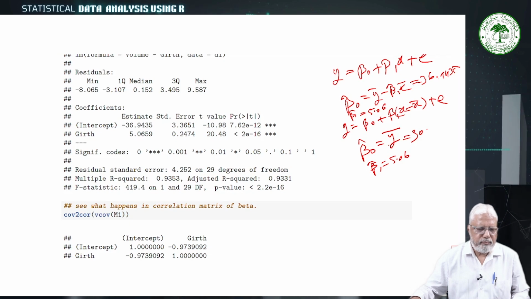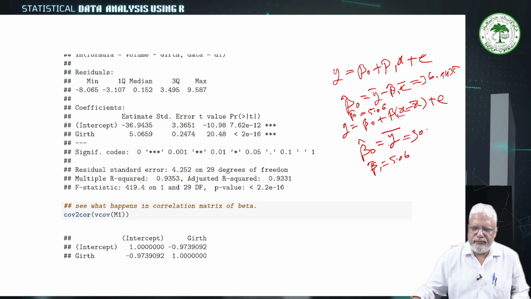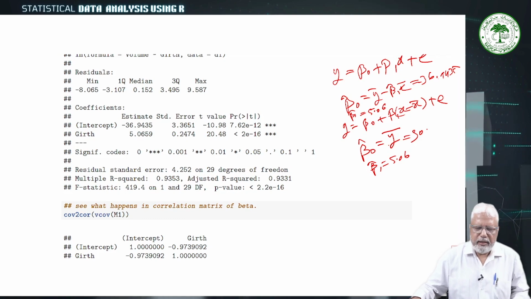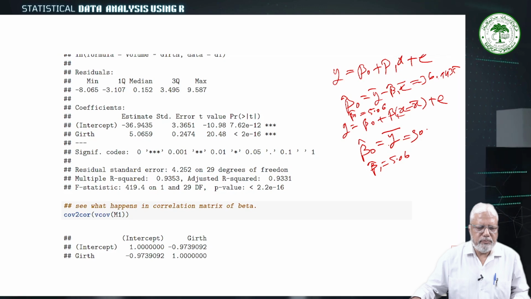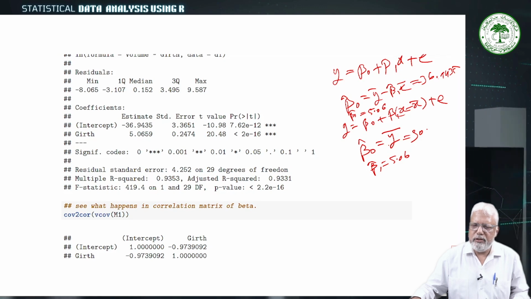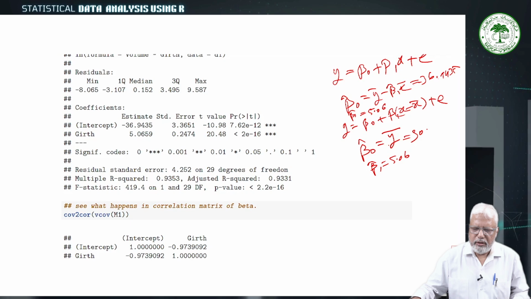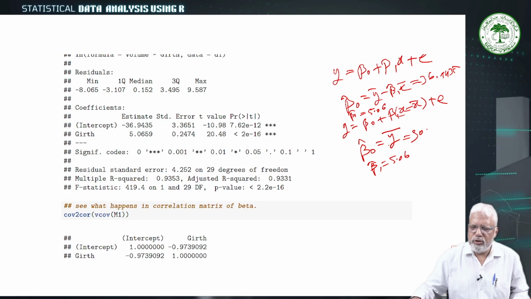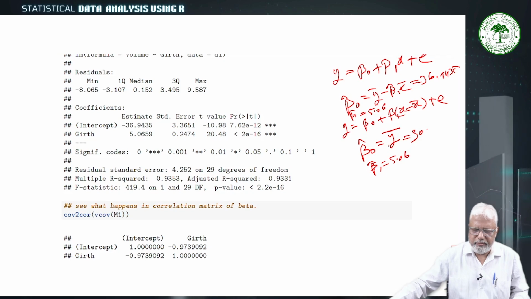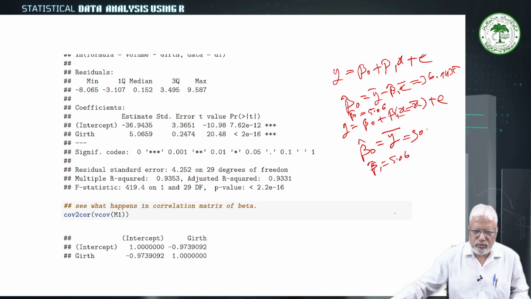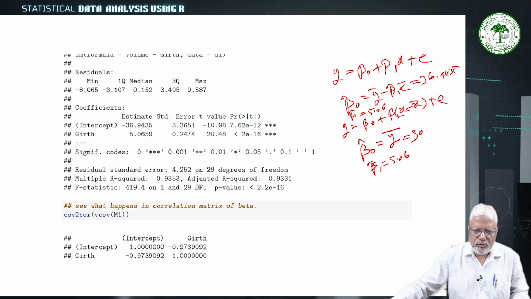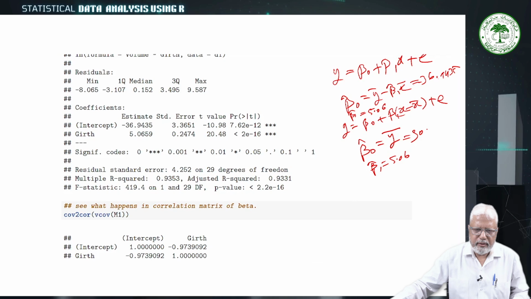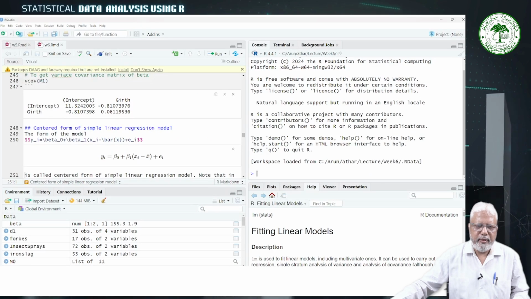So, actually if we talk of betas estimated in both, there is a concept of correlation also. The correlation matrix, I would like to go to R here.